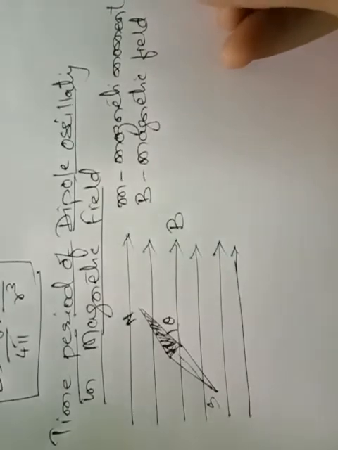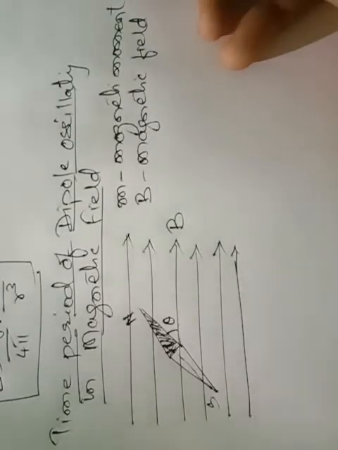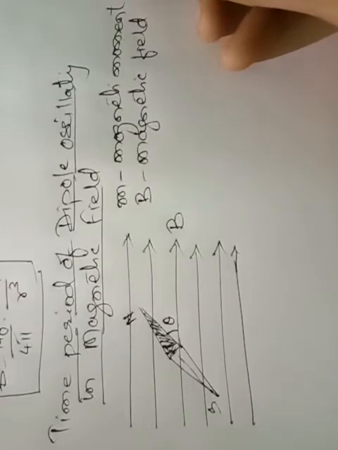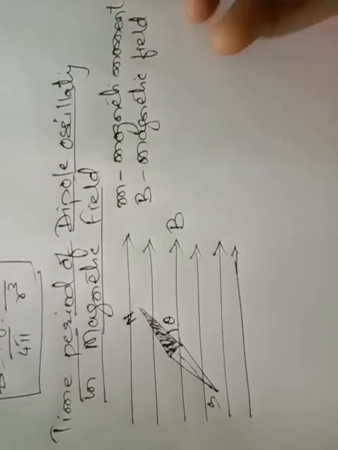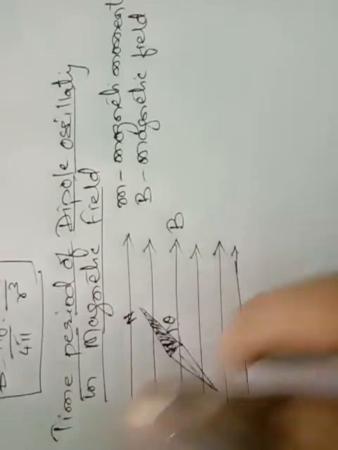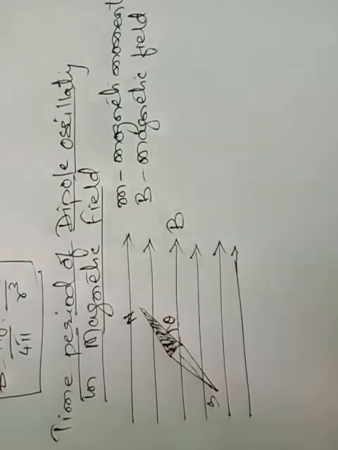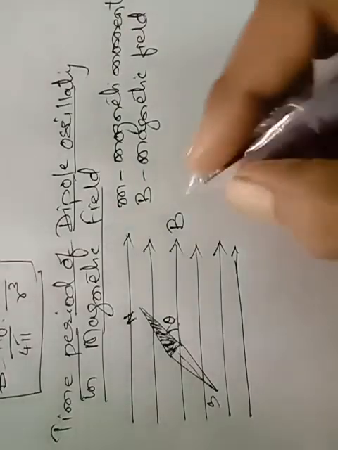If we keep it like this, we know that there will be a torque acting on the magnet, and this magnet will start oscillating in the magnetic field. Why will it oscillate? Because there will be a torque acting on it.